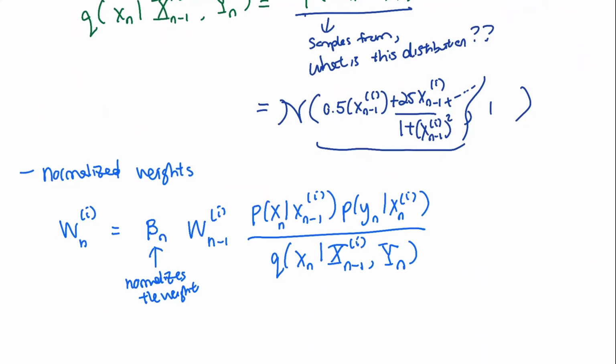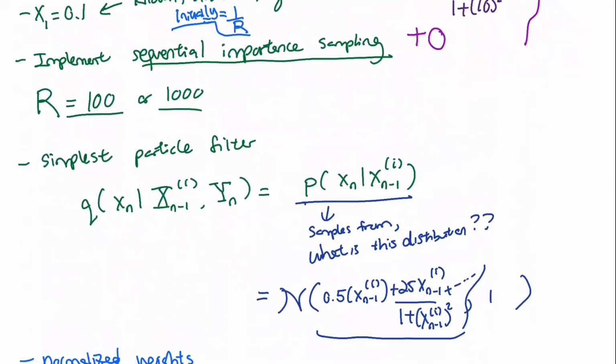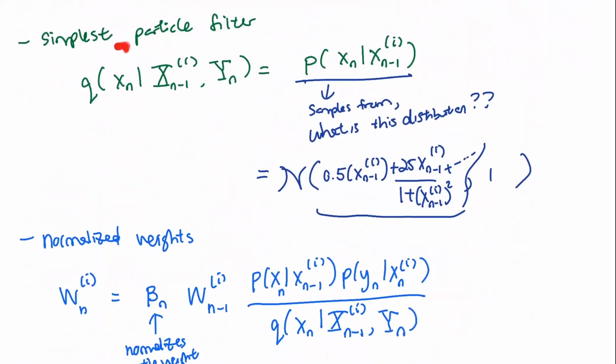incremental factor, right? So again, this is the most general form. For the simple example, we said that we're going to pick the bootstrapped importance distribution. So instead of the general importance distribution, we say that that's going to be this Gaussian, right? This state transition, which we know is a Gaussian.